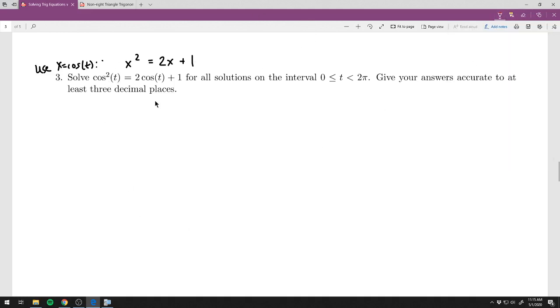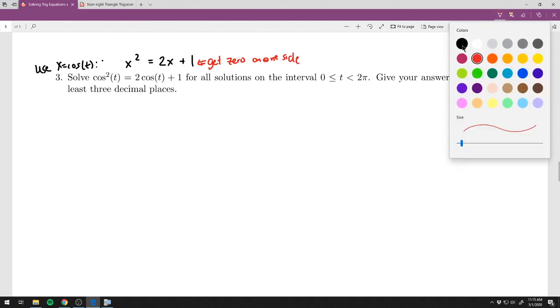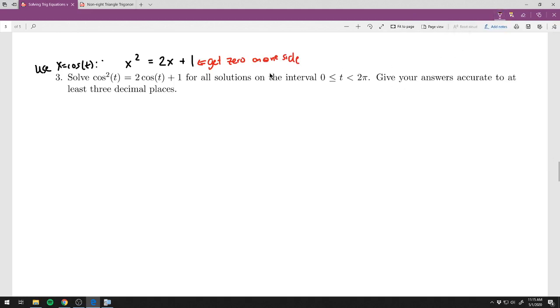If you had something like this, you would know we need to get 0 on one side, because we're hoping we can either factor it, or if not, we will use the quadratic formula. Anytime I want to get 0 on one side, I really do not like having a negative on the x squared. So I'm going to subtract the 2x and the 1 over.